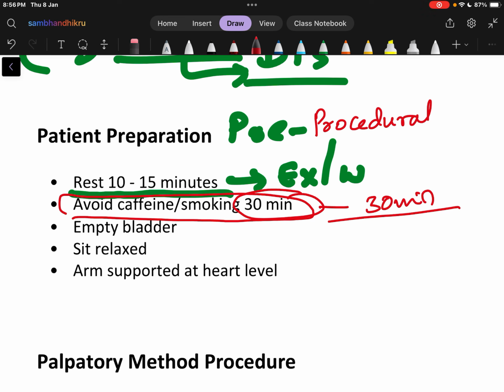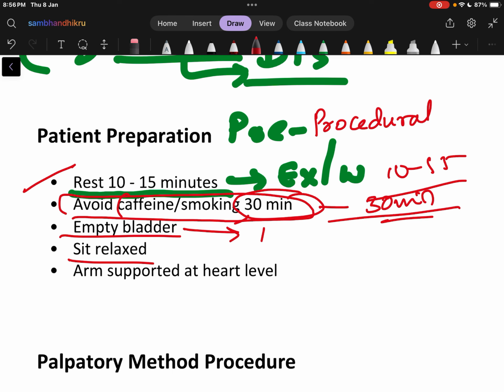If they took exercise, 10 to 15 minutes of rest is enough. But if they took coffee or smoking, tell them to rest without smoking or caffeine for 30 minutes. Empty the bladder if they have urgency or if the bladder is half full or full.